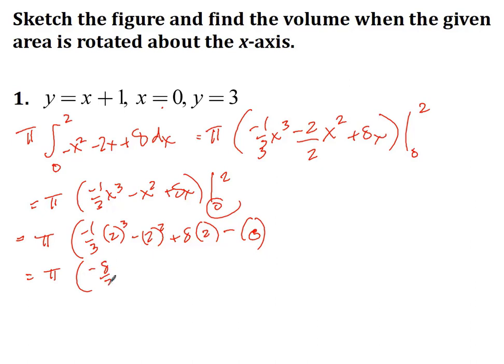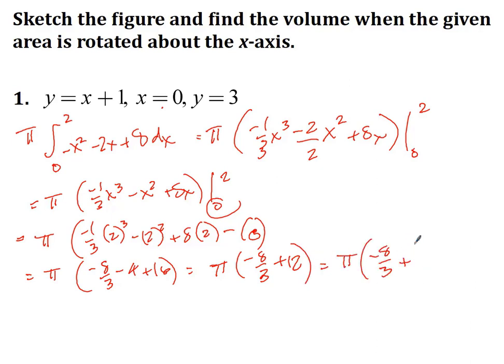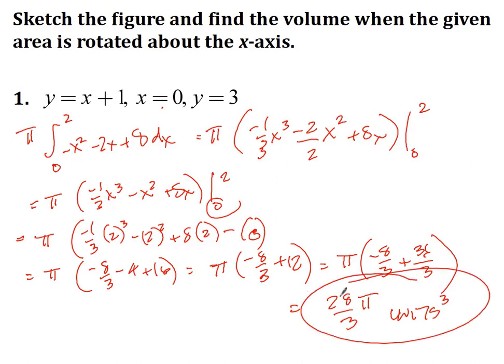So negative 8/3 minus 4 plus 16 is going to be pi times negative 8/3 plus 12. And we have to have a common denominator of 3. So negative 8/3 plus 36/3. That's what 12 is equivalent to. And so you get 28/3 pi units cubed. Okay.